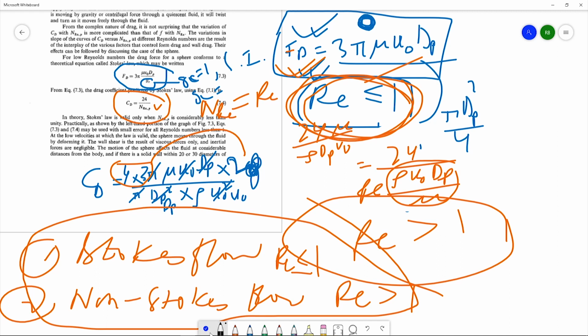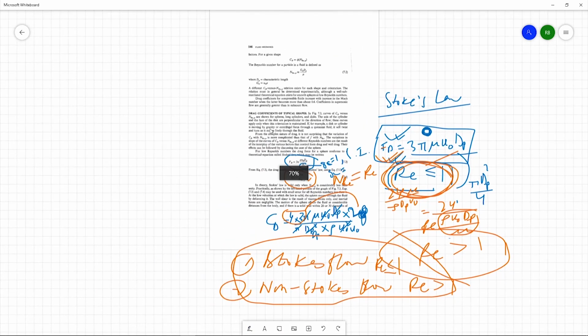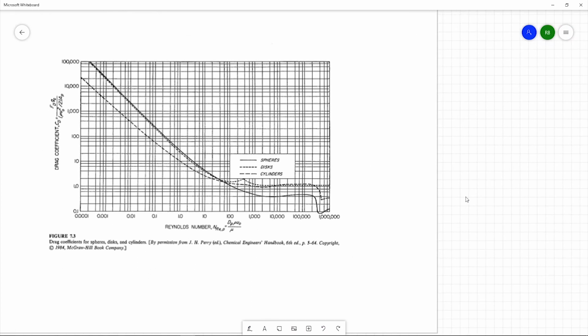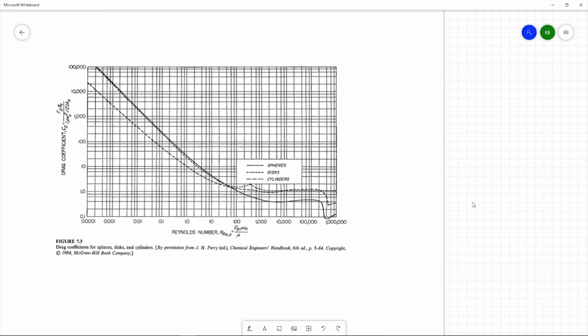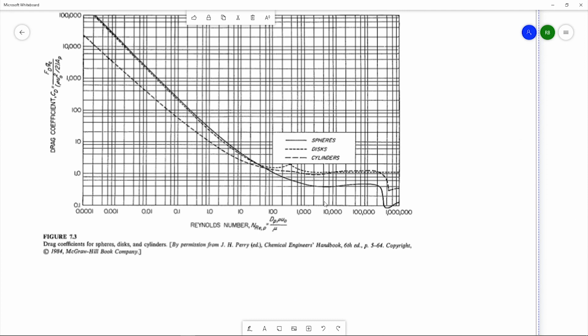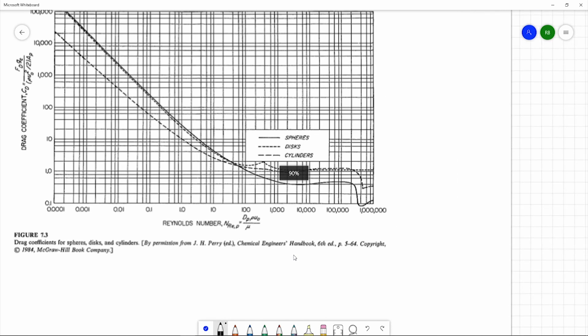Now, if you calculate the drag coefficient for different particles versus the Reynolds number, you'll get a curve like this. On the x-axis, we have the Reynolds number.